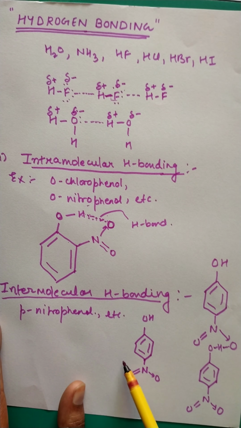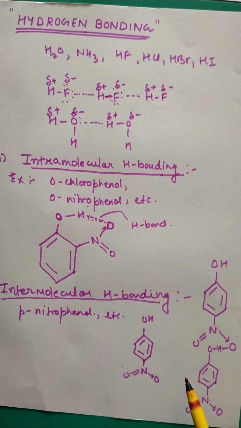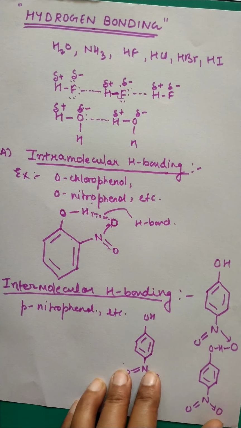This type of hydrogen bonding increases the boiling point and also increases the solubility in water, because of the increase in boiling point due to the association of several molecules. Intermolecular hydrogen bonding is also responsible for the increase in viscosity. If hydrogen bonding is more, then the compound will be more viscous. So these are the two different types of hydrogen bonding.